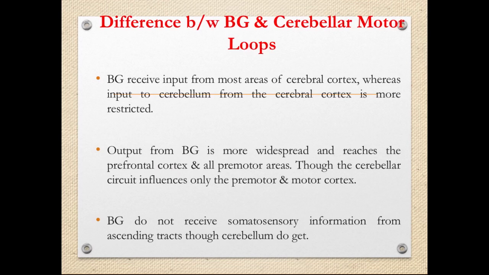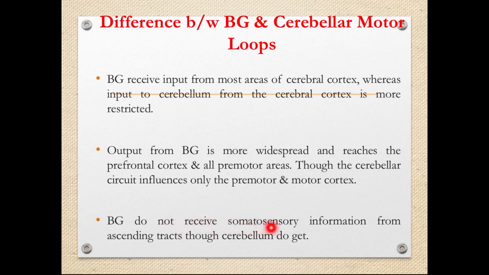So, basal ganglia output goes to all these three areas, but the cerebellum has to do only with the motor and premotor. The motor sends the signal to the cerebellum, and the cerebellum sends back to the motor and premotor. But the basal ganglia input as well as output connected with the cerebral cortex is widespread.